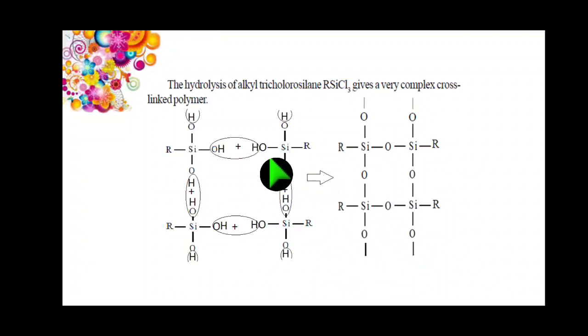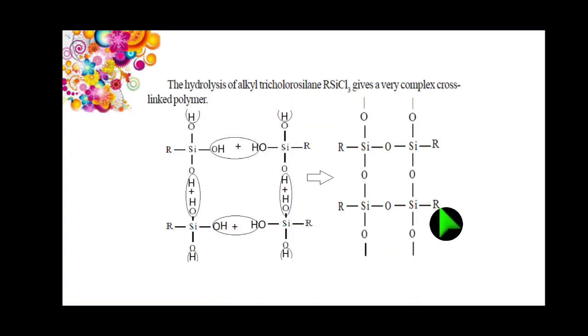Now, so number of units: 1, 2, 3, 4. 4 units are bonded. Here in each unit, a water molecule is removed like this, right? So OH and H, OH and H, OH, H. At the 4 corners, water molecules are removed.